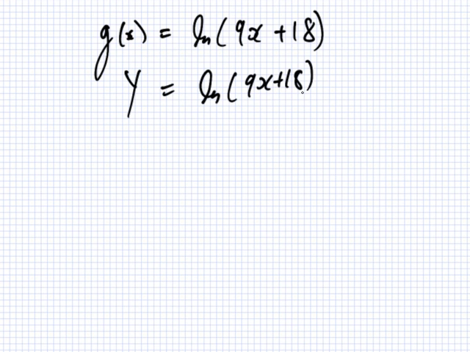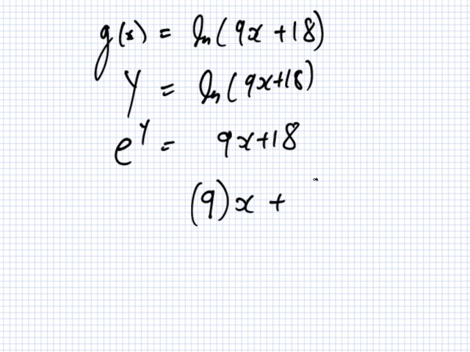Did you get an answer? What did you get, Yusuf? I think I overcomplicated. Any real number. Correct. So you make y equal to log 9x plus 18. So e to the y is equal to 9x plus 18. So 9x plus 18 minus e to the y equals 0.